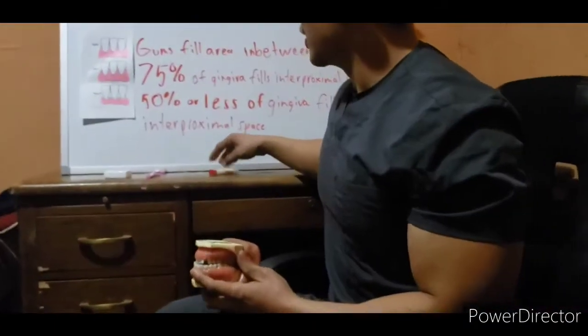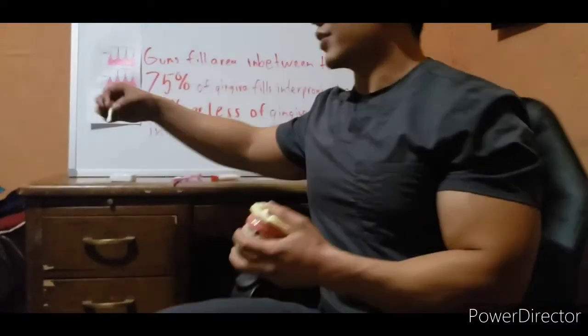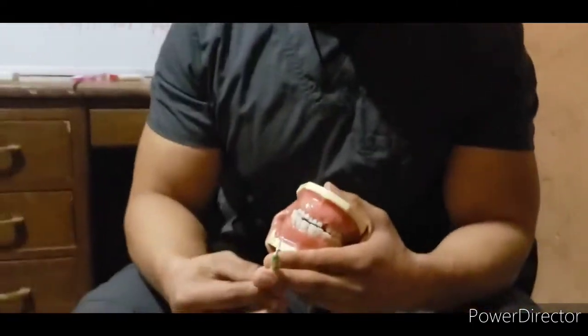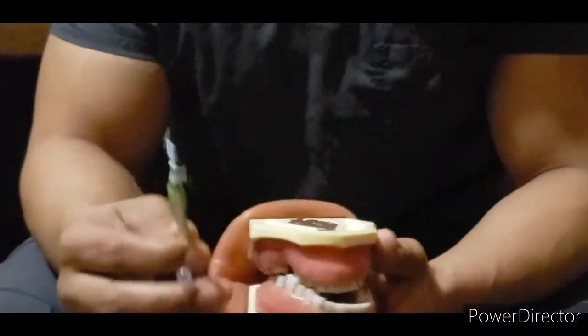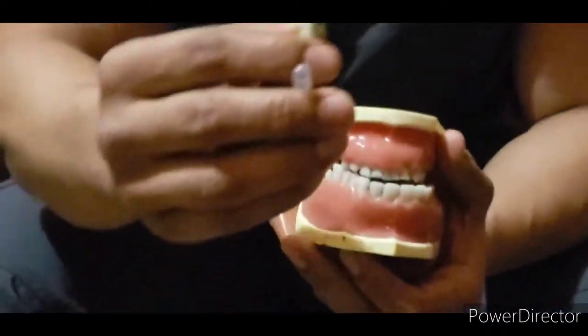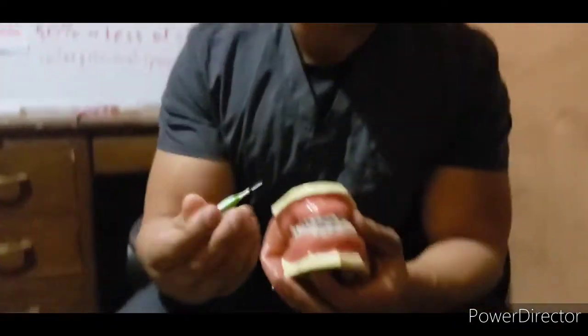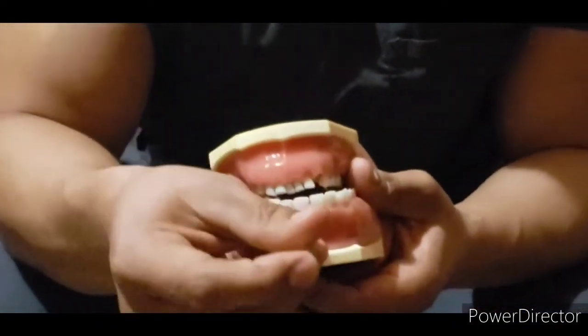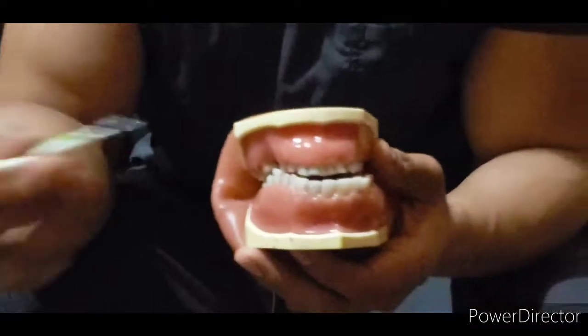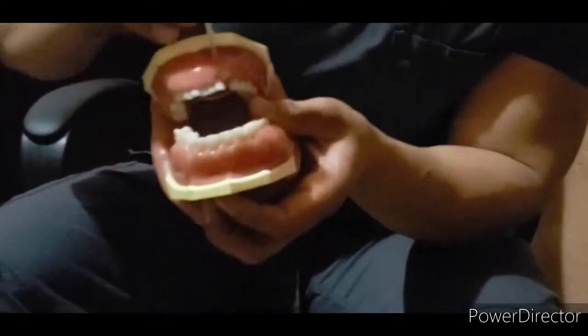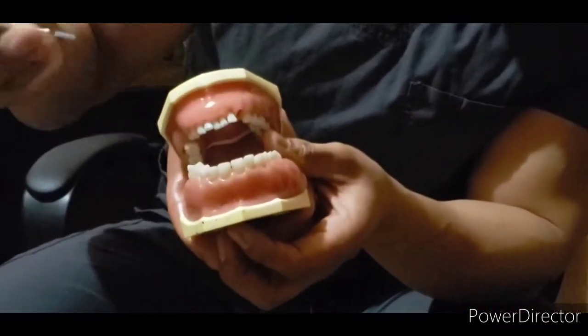Another suggestion, and it's common in ortho patients, meaning people who have braces, is the interdental brush. The interdental brush can easily be used for type 2 if allowed to go in between the teeth, or type 3 because there's no gum in between each tooth.